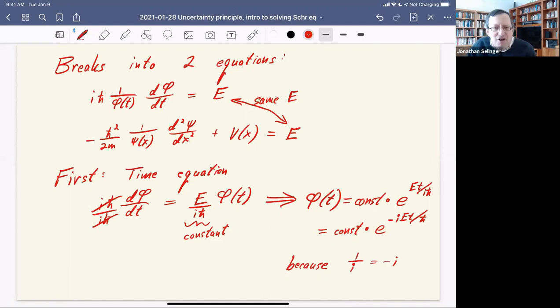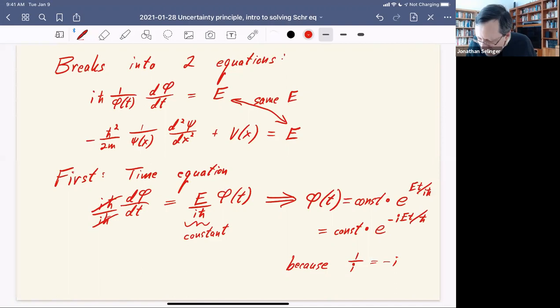We solved the time part. So we get this expression in terms of the complex exponential in time. Okay, so this is now our time solution, okay?